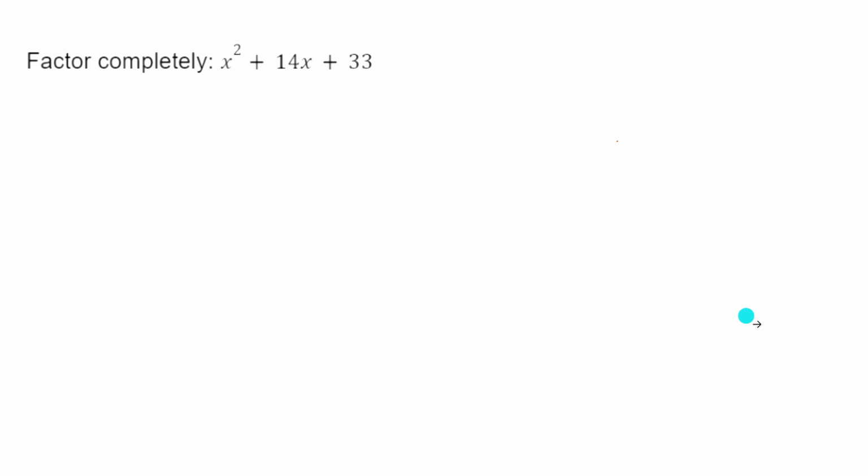It's slide 15, but not number 15. Okay, so this one is already our factoring. So factor completely: x squared plus 14x plus 33. What does it mean? It means, again, this is our sum. This is our product. Okay, so you try to think of two numbers that when you multiply by itself, it will become positive 33.